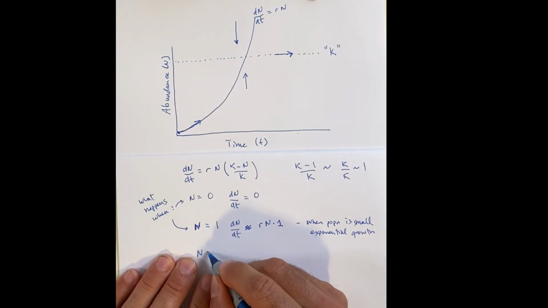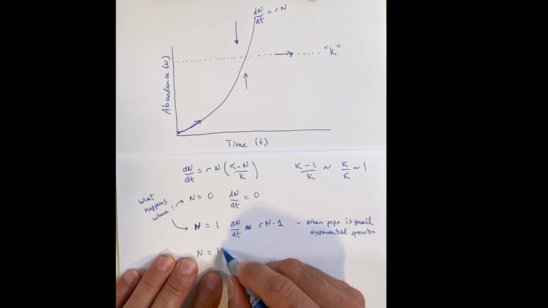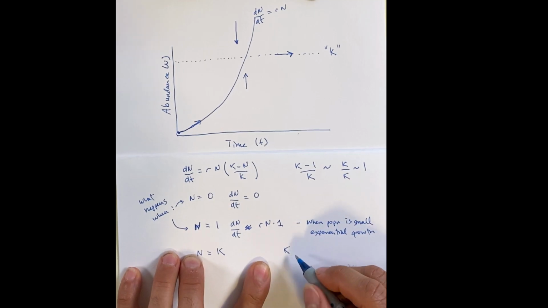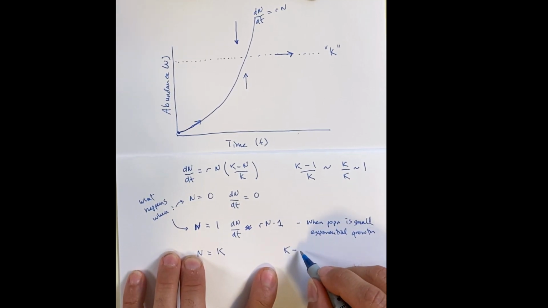On the other hand, when N is very close to K, what this means is the K minus N term, N is very similar to K, and so the numerator of that is going to be 0.